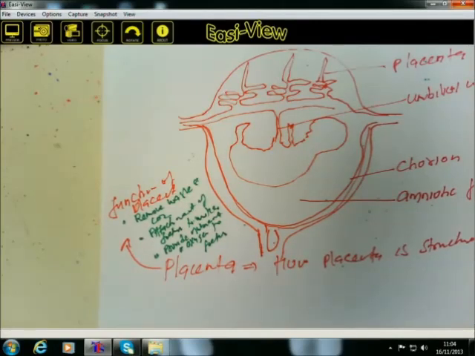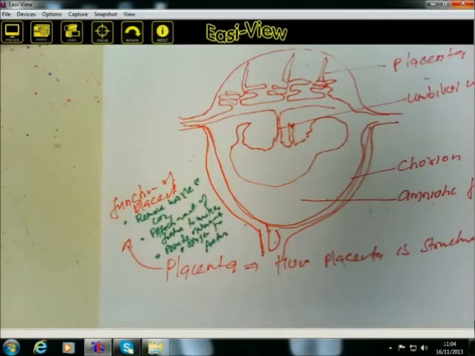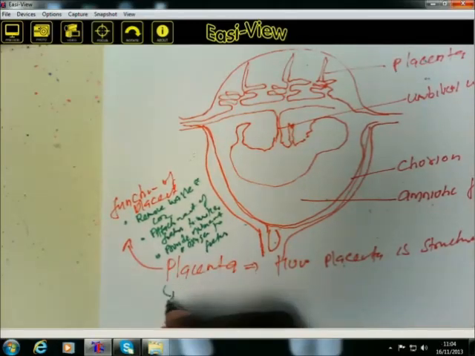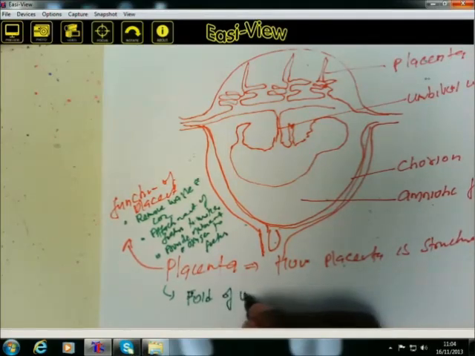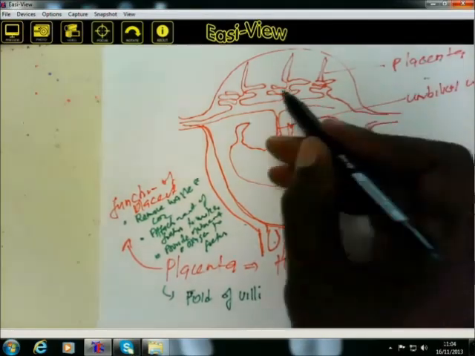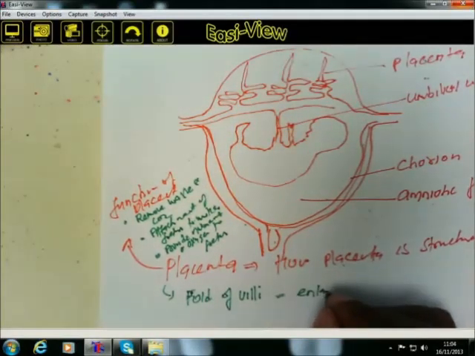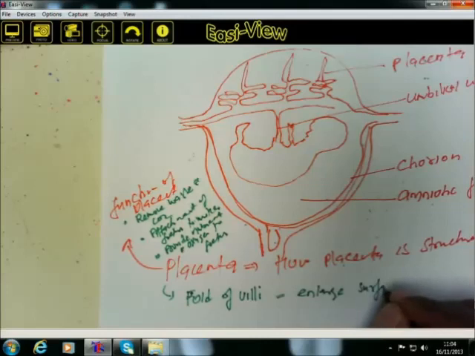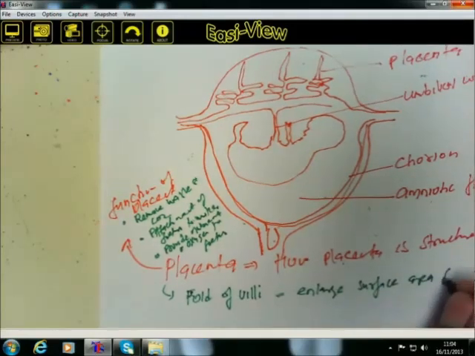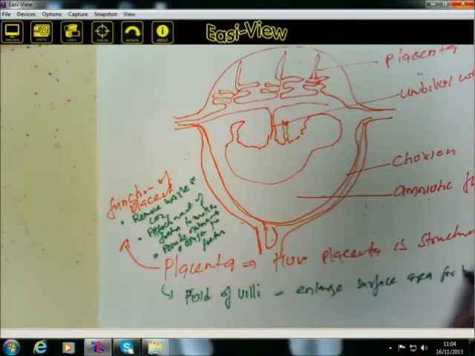Now, how is the placenta structurally suited for these functions? 1, it has folds of villi. With these folds of villi, they enlarge the surface area for implantation.